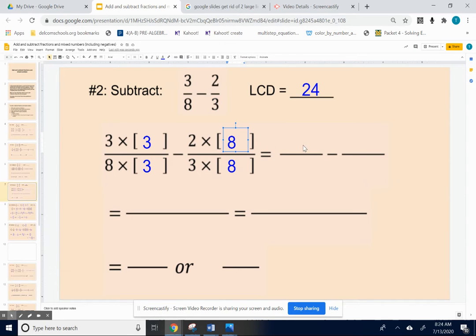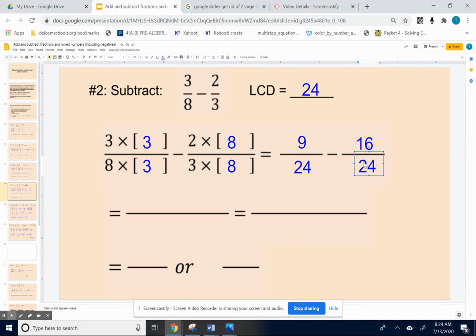You should have gotten 9 over 24 minus 16 over 24. Now do the next step.